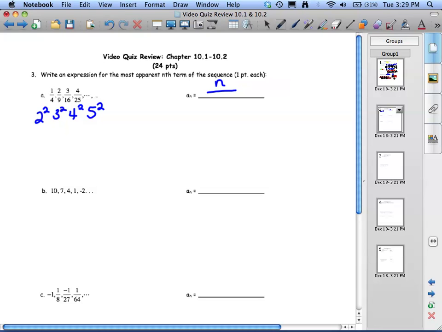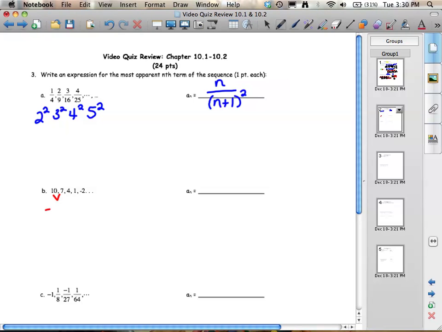The first term it's 1, the second term it's 2, the third term it's 3. However, I'm not squaring 1. I'm squaring 2. I'm always squaring the next number, the n plus 1 number. So this is basically looking for a pattern. Unless it's arithmetic, then we can use our formula.